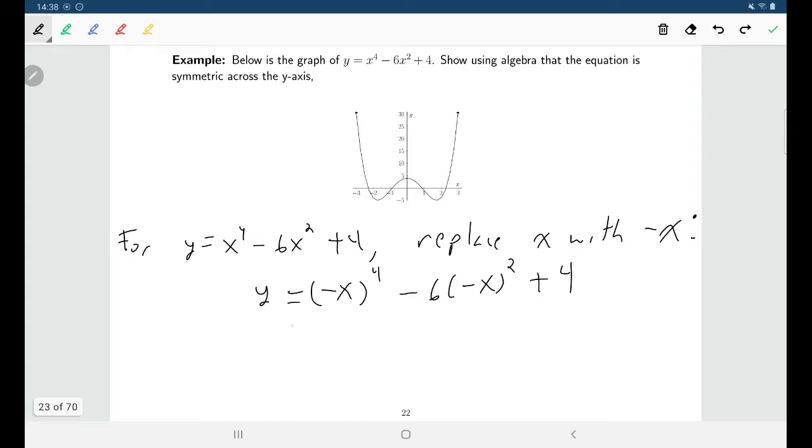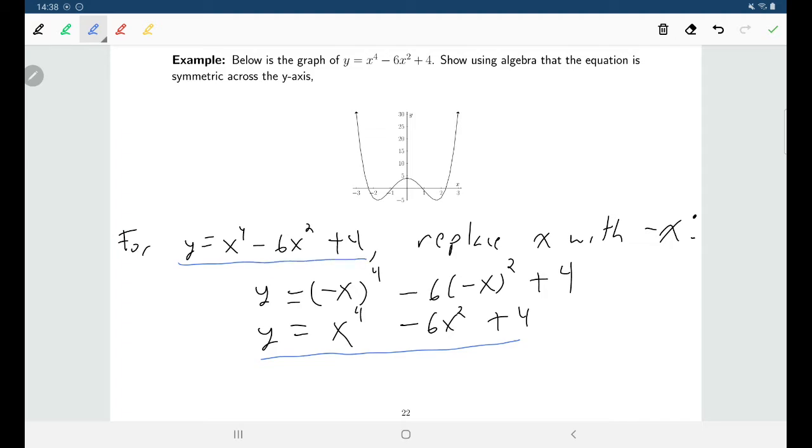So this simplifies to y equals x to the 4 minus 6x squared plus 4, which, as we notice, is exactly the same as our original equation, which means that we have something that's symmetric across the y-axis.